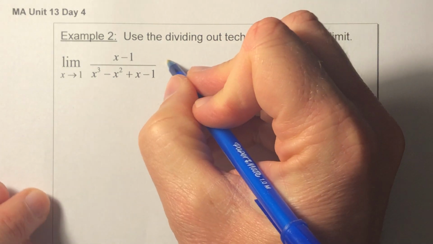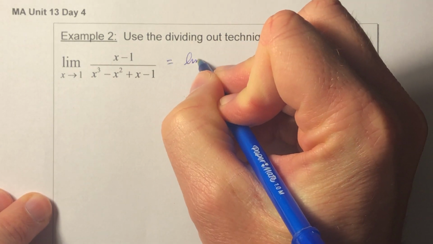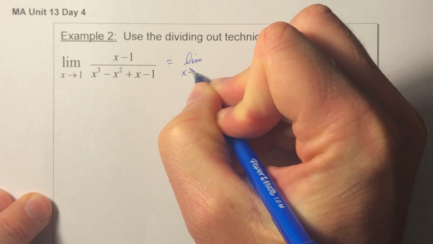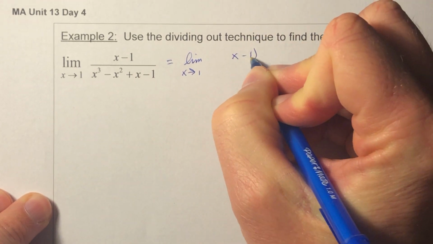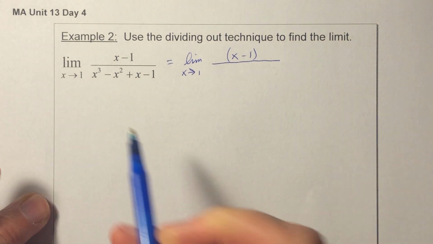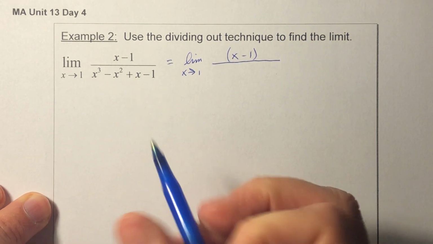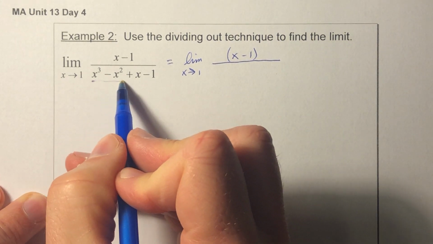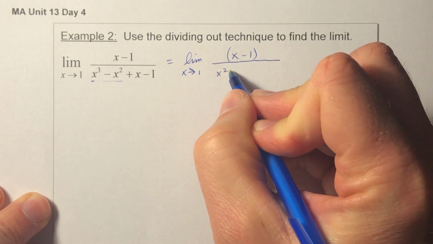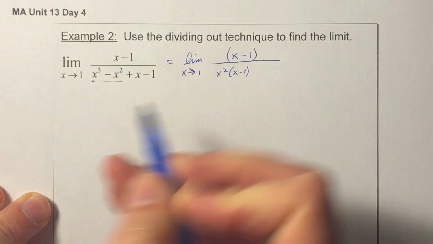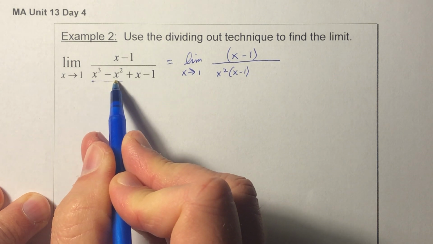Okay, so this time we're going to factor the denominator. So that x minus 1 stays put. We'll put that in parentheses. So the denominator is 4 terms, so we're going to factor by grouping. So the first 2 terms have an x squared in common. So if we factor out the x squared, that leaves you with x minus 1.